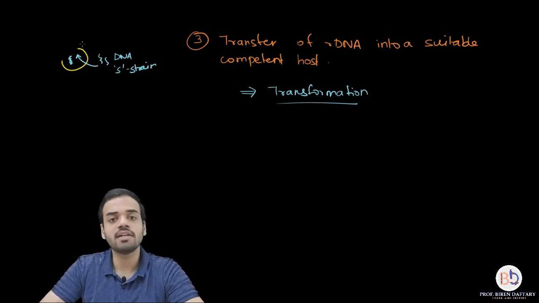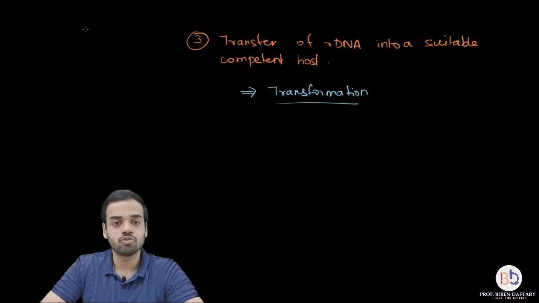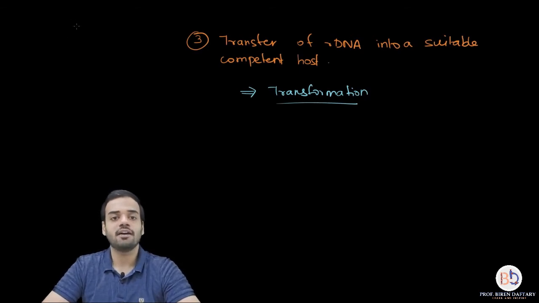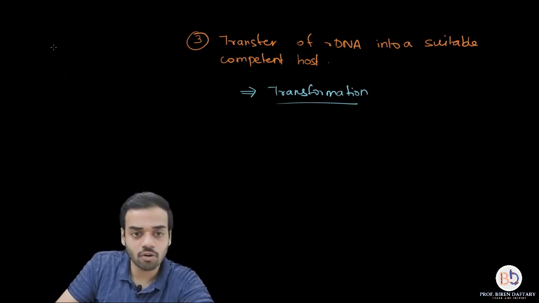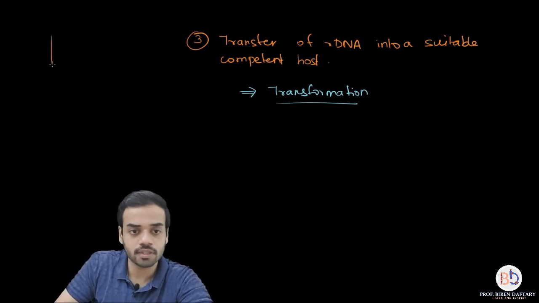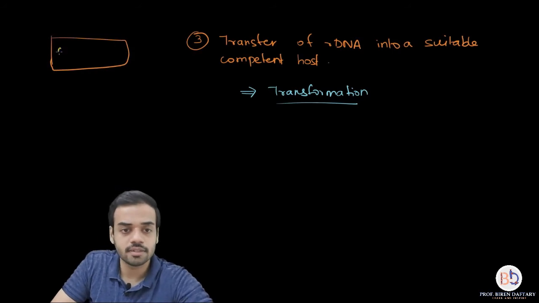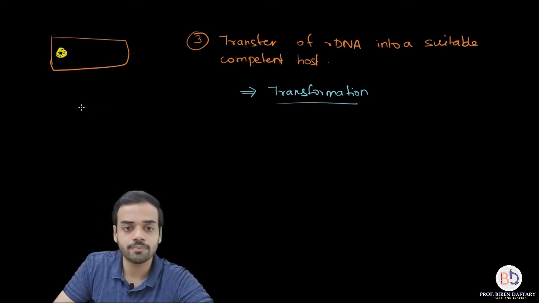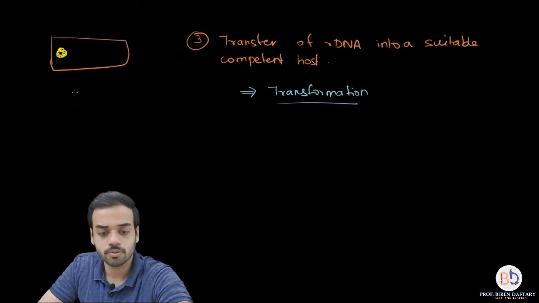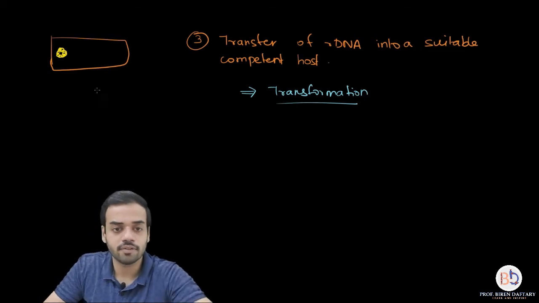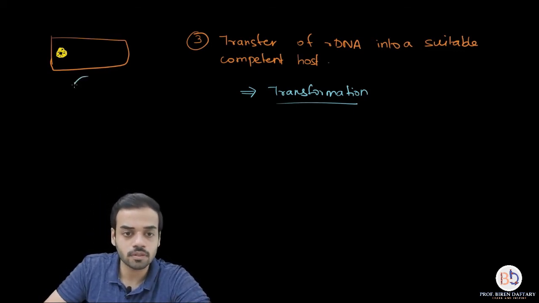So recombinant DNA is also a foreign DNA. So suppose I draw a bacterium over here, and this is the nucleoid of the bacterium, and over here suppose we have our recombinant DNA which we had already shown.